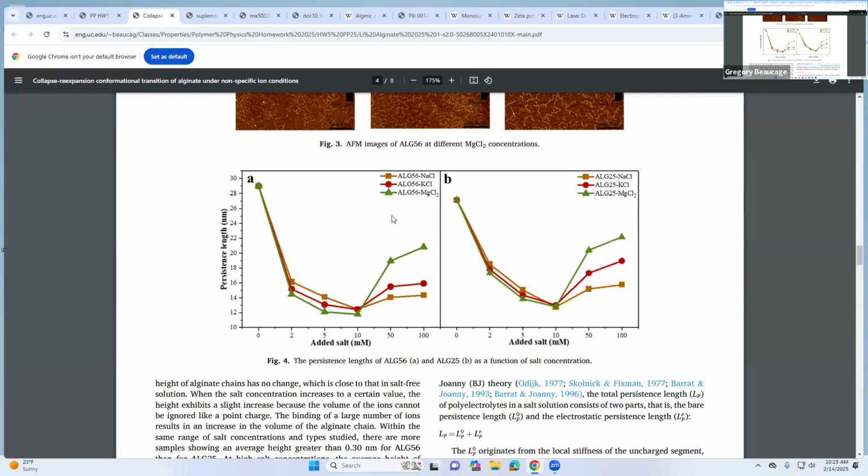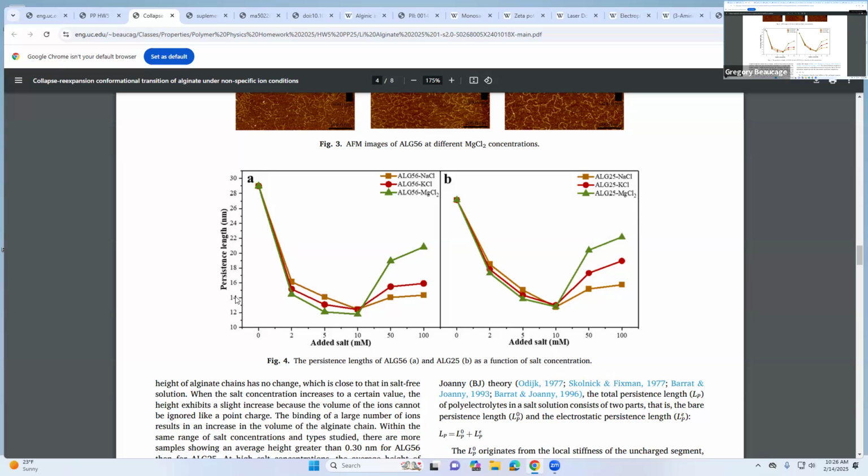It goes down and back up. So basically, the down part is by screening, the up part is this counter-ion condensation phenomenon.